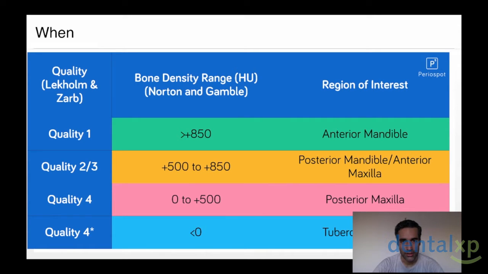Okay, we have type 1 quality bone, which is more or less 850 Hounsfield units, and there is around 500 to 850 in the posterior mandible and anterior mandible, and quality type 4 is below 500 Hounsfield units. This region is the posterior maxilla, and the type 4, that is the quality 4, is the tuberosity.